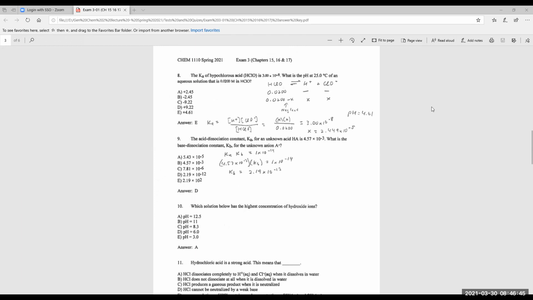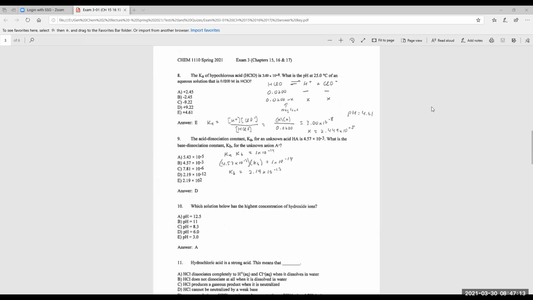So once again, if you write that equilibrium expression, HClO going to H plus ClO minus, and we start with 0.02 molar HClO, 1 and 1 in terms of molar ratio for the hydrogen ion and the ClO minus. So we designate those as X.